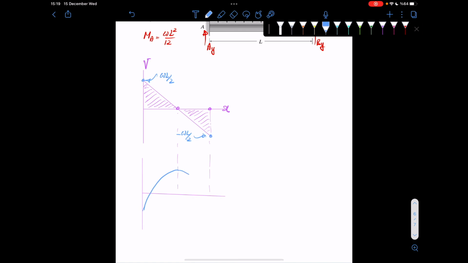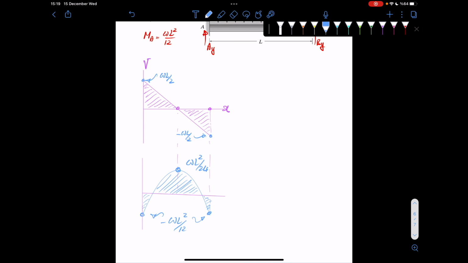I don't know, it's going to look like this. Okay, so this would be your moment diagram. This would be WL squared divided by 24. And then on each of these sides, you have minus WL squared divided by 12.